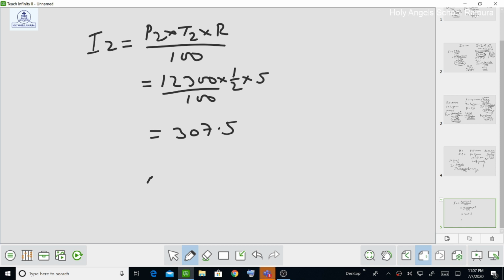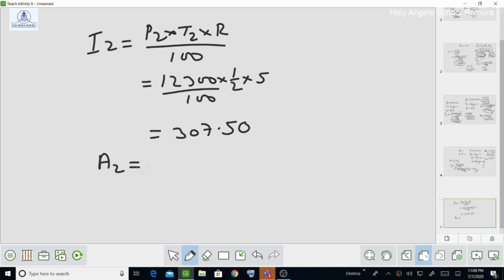Whenever you do commercial mathematics, that is money-related questions, the answer has to be correct to 2 decimal places. Don't leave the answer as 307.5, it should be 307.50.